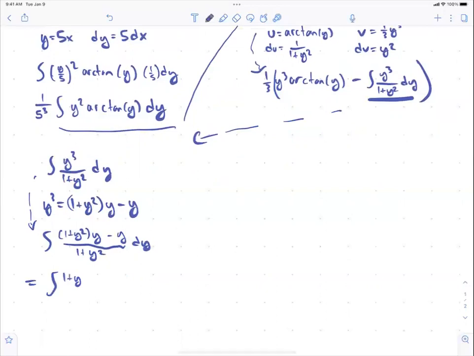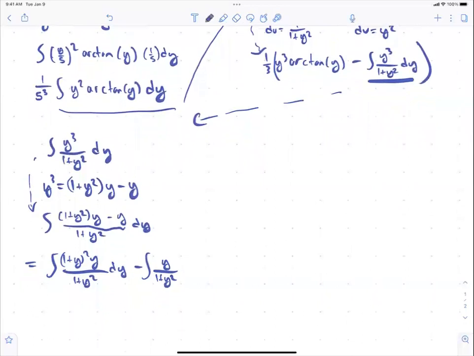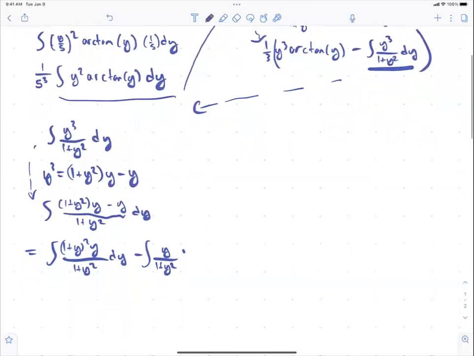So this is the integral of (1 plus y squared) times y over 1 plus y squared, plus the integral of minus y over 1 plus y squared. So let me pull that minus sign out and write that as minus the integral of y over 1 plus y squared, times dy, sorry.